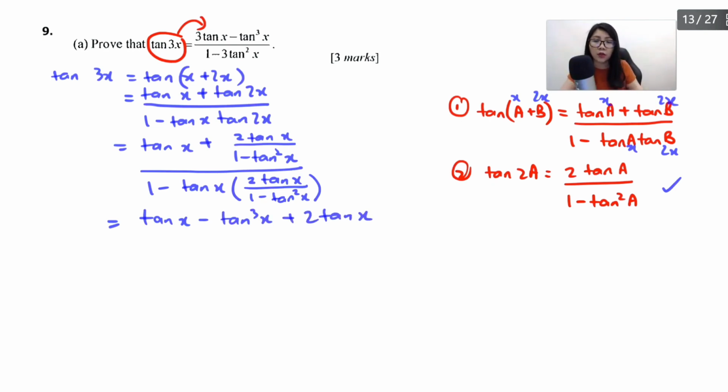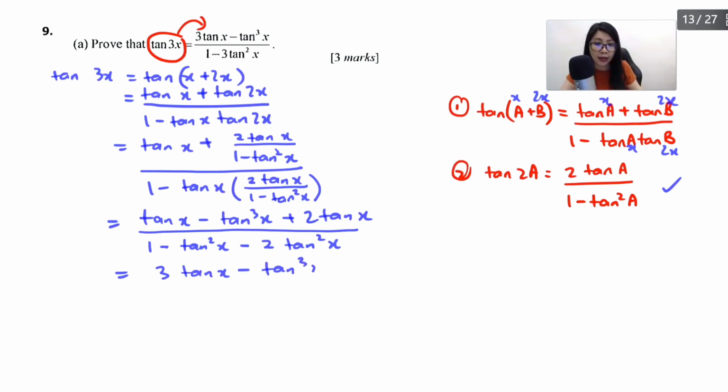We can forget about the denominator because we can cancel it with the bottom denominator. And over, the bottom one will be 1 minus tangent square x, then minus 2 tangent square x. Now we solve the top: tangent x plus 2 tangent x is 3 tangent x, then minus tangent cube x.